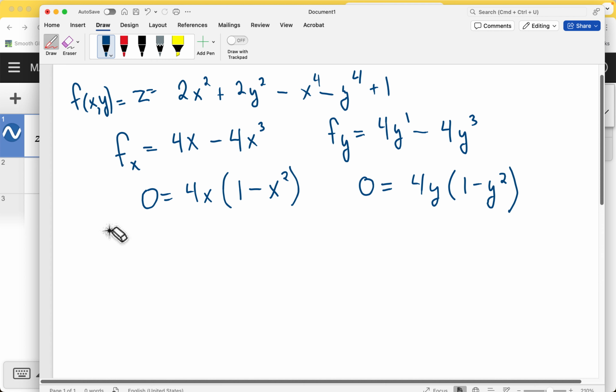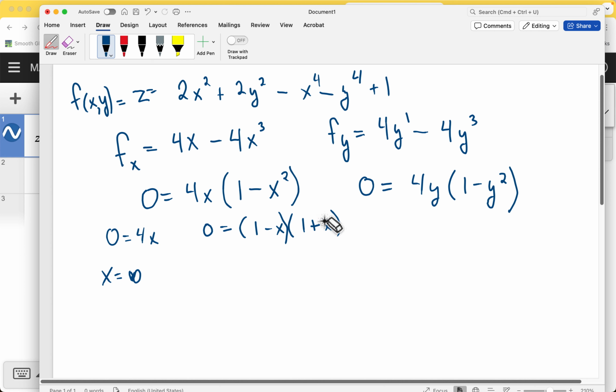So certainly 0 equals 4x is one answer. So I get x equals 0. And then I get 0 equals 1 minus x squared. That's a difference of squares. I could write that as 1 minus x times 1 plus x.